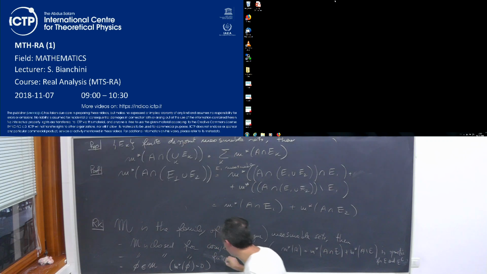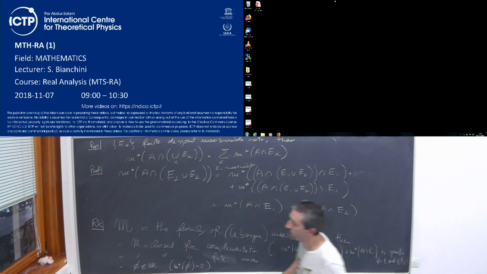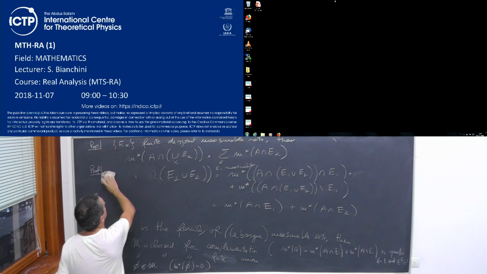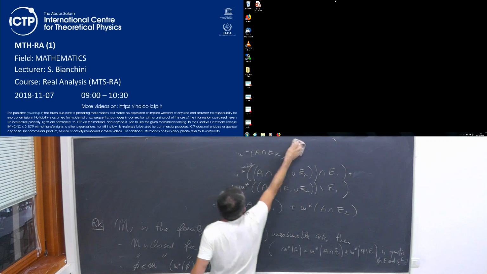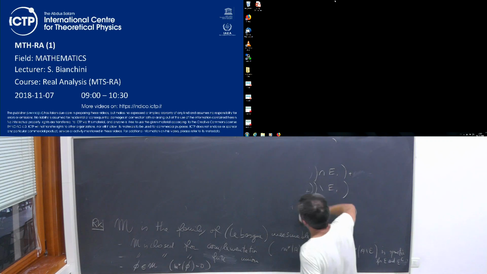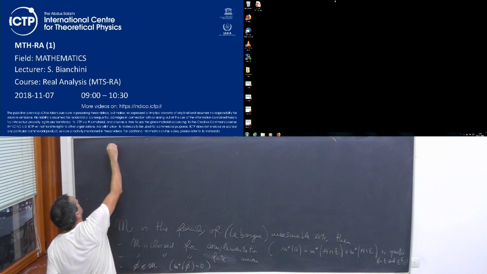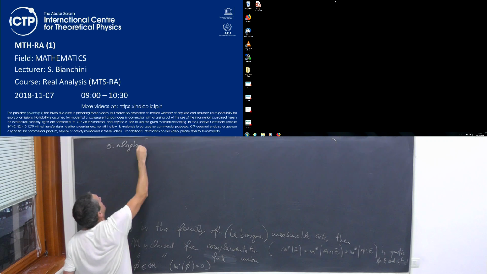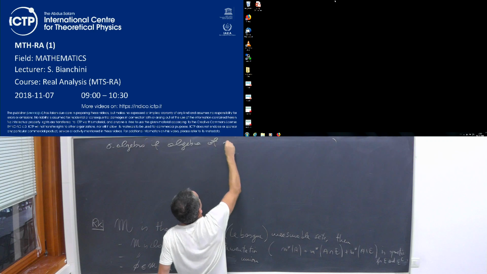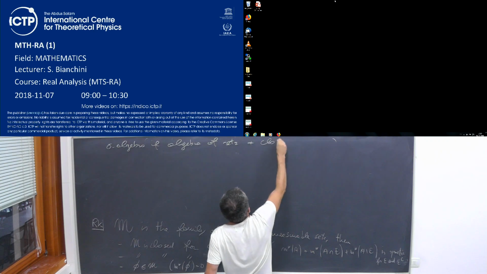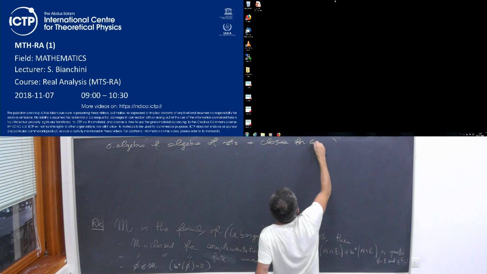We have just proved this, finite union. This is the algebra of sets. Sigma algebra is when it is closed by countable union. So now we have also why the name is like that. So it is an algebra of sets closed by countable union. Sigma algebra, if algebra of sets plus closure for countable union.